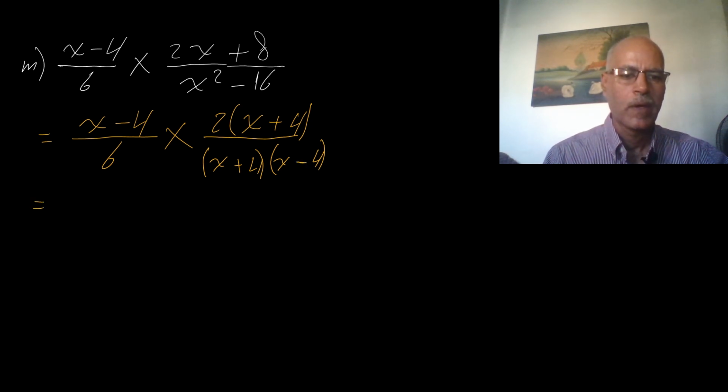It's equal. Let's cancel. X minus 4 with x minus 4. X plus 4 with x plus 4. 6 over 2, 3. 2 over 2, 1. It's equal 1 over 3.